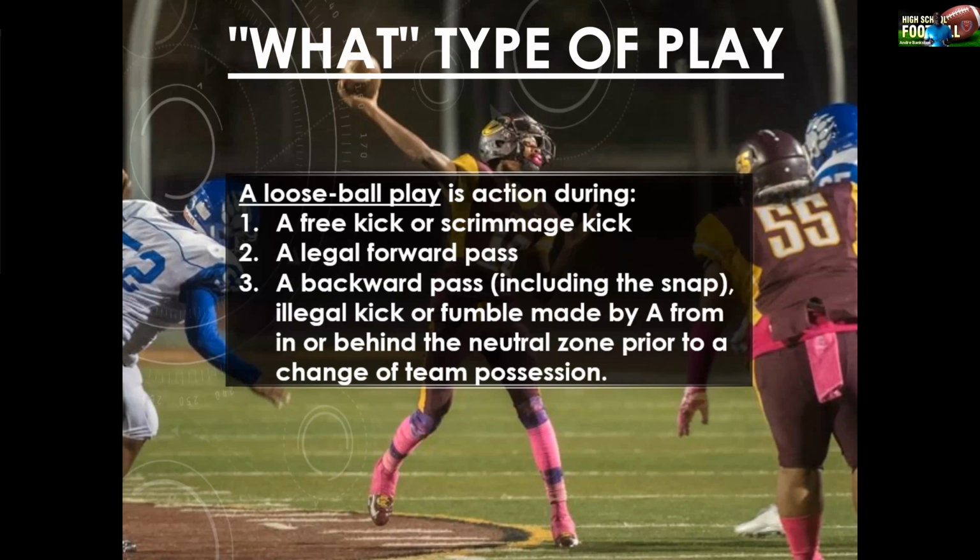So it's very important to understand that just because there was a running back behind the line of scrimmage, and the fumble came after the run behind the line of scrimmage, once they fumble the ball, that entire play, if there's a foul involved, is now considered a loose ball play, and it does affect where we enforce the foul, the penalty, should I say, all right?